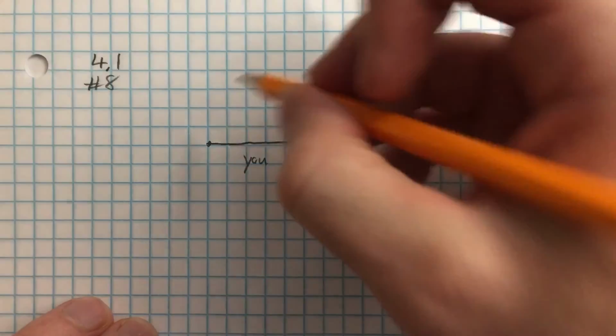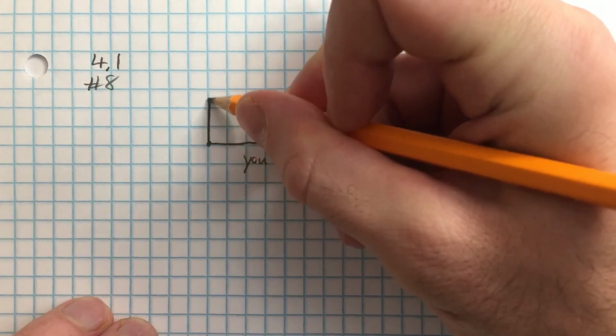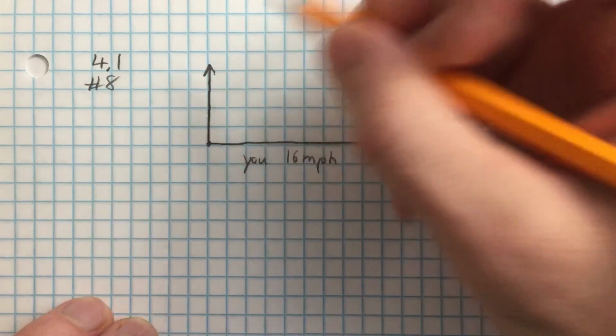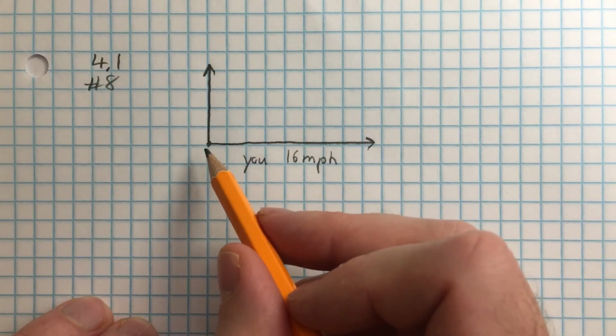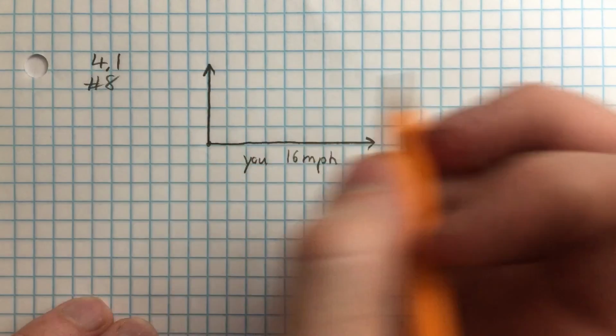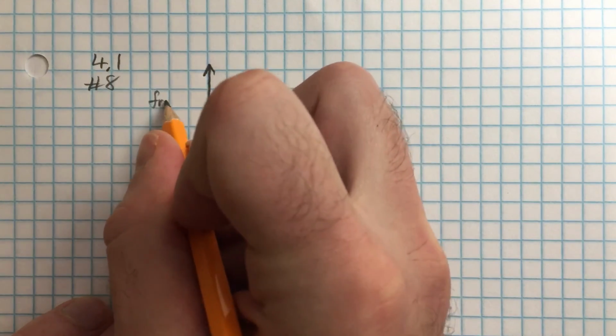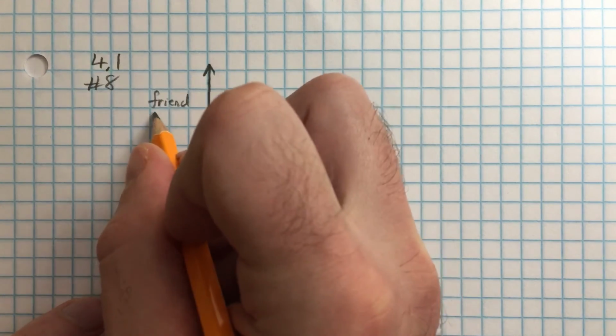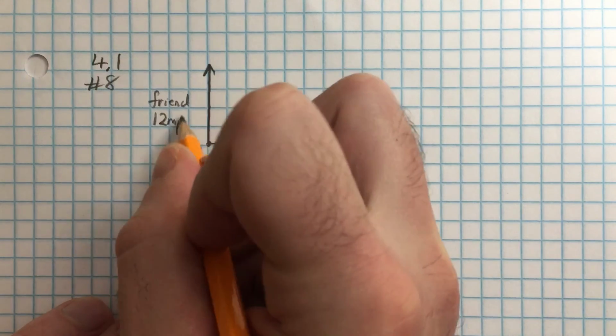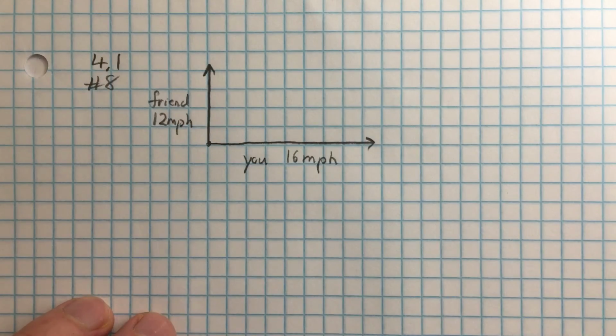Okay? And friend is heading northward from the same point. Both start out in the same place. It's important for the problem. Both left the same place, but friend is headed northwards at 12 miles per hour. Okay?